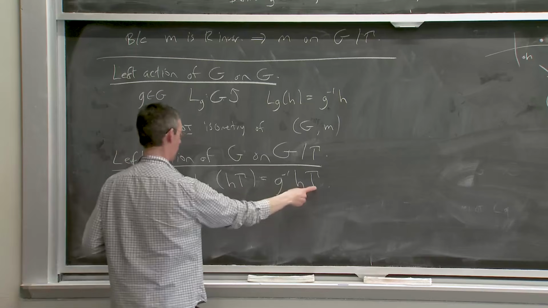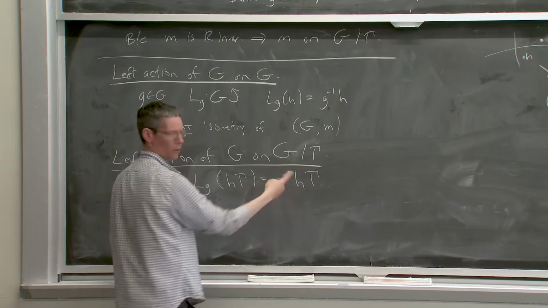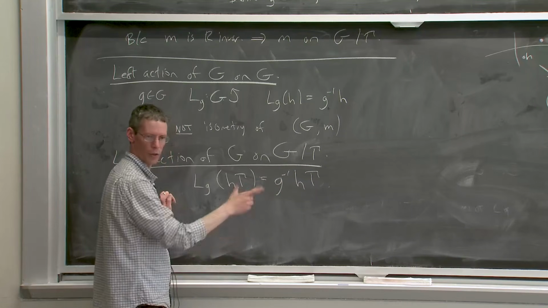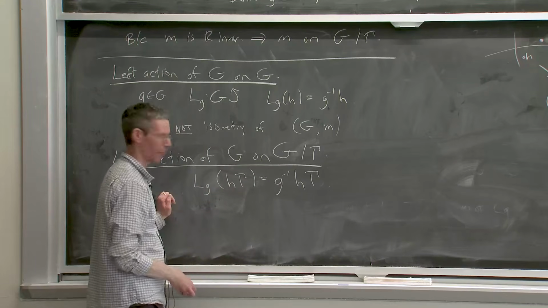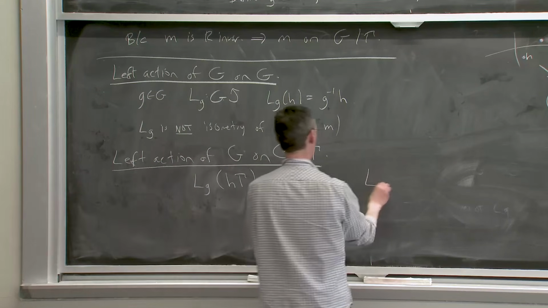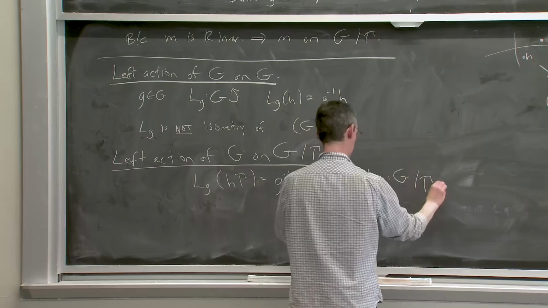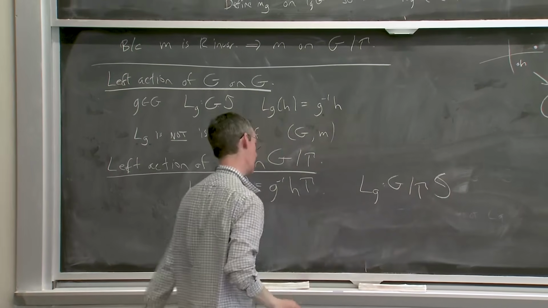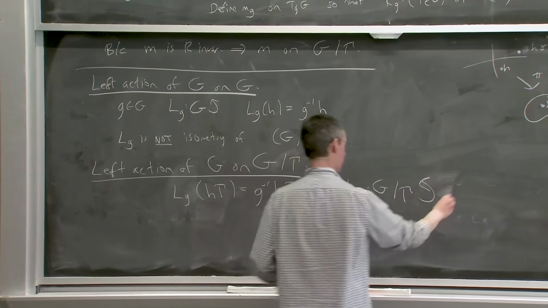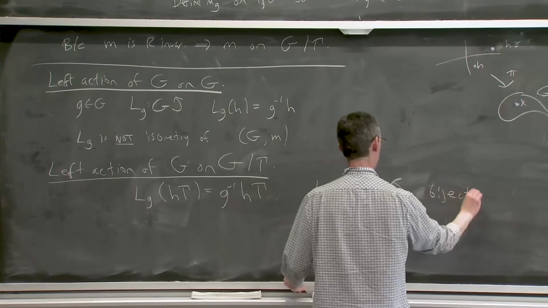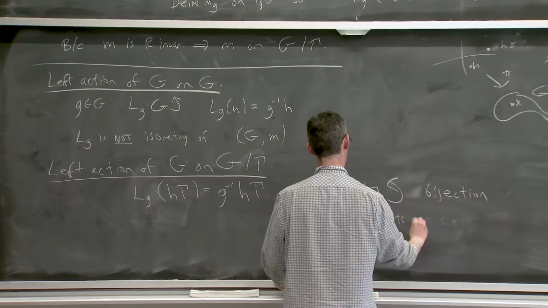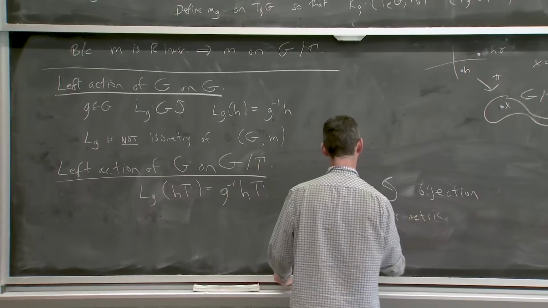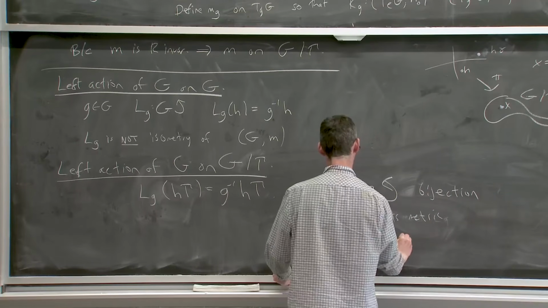Because the gamma is on the right and this guy is on the left, they sort of don't interfere with each other. And so this is an actual group action. So L_g maps G mod gamma to itself, and it is a bijection. It distorts the metric, but it preserves the volume.